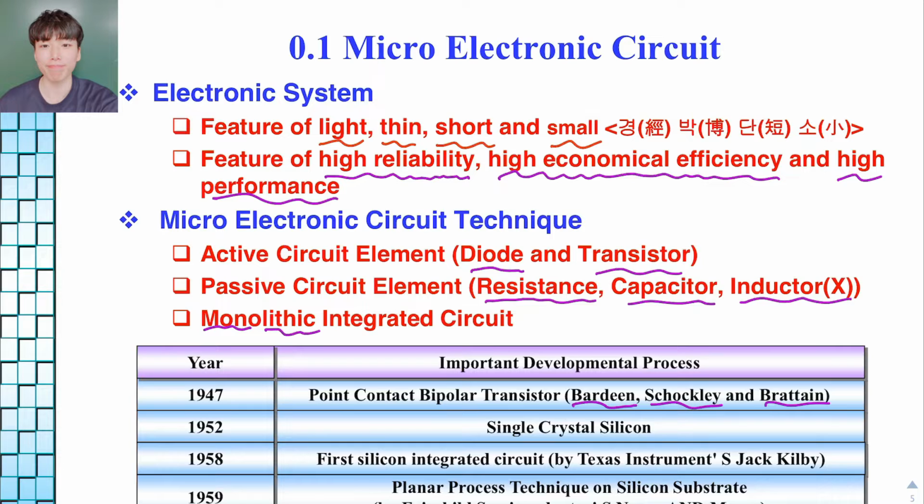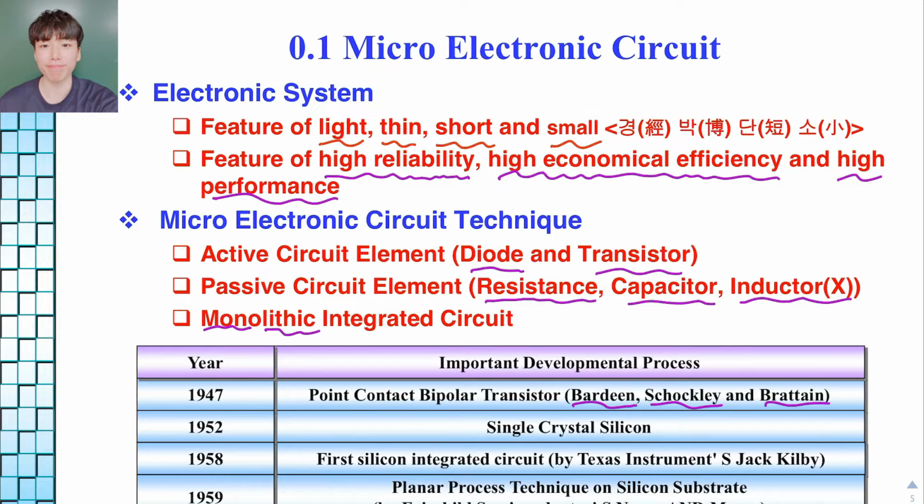In 1959, the planar process technique on silicon substrate was developed by Fairchild Semiconductor. In 1963, the CMOS logic circuit was developed, and in 1971, the 4-bit microprocessor was developed.